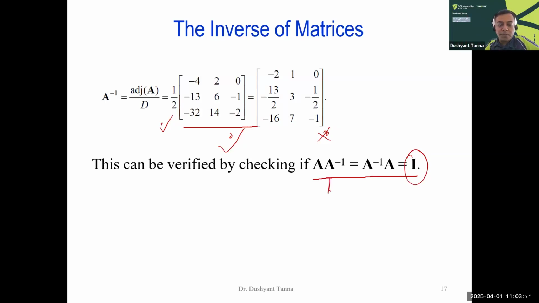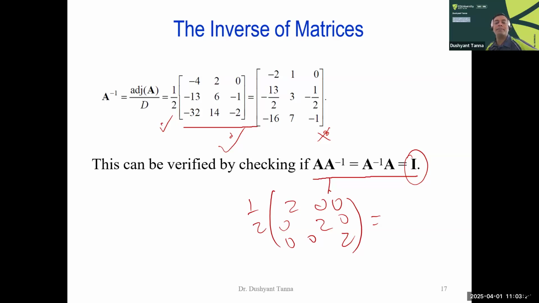So if you follow this approach, this will be half times the multiplication, which will be 2, 2, 2, 0, 0, 0, 0, 0, 0. Yeah, this is what it should look like. And then you give the half inside, and that will be 1, 1, 1, 0, 0, 0, 0, 0, 0. That's the matrix you will get. But had you not kept half outside, it will be a bit lengthier, complicated, and chances of error are very, very high.